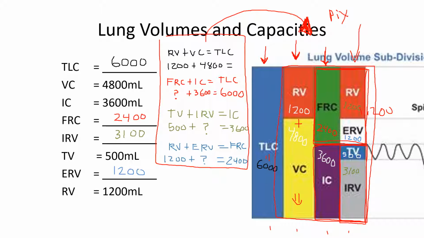FRC plus IC equals 6,000. RV plus ERV plus TV plus IRV equals 6,000 as well. So just match up your columns: 6,000, 6,000, 6,000, 6,000. You should be good.